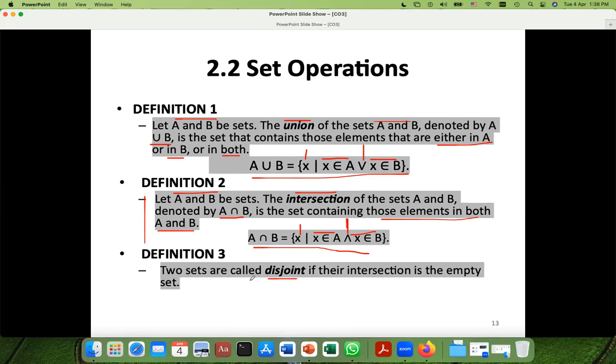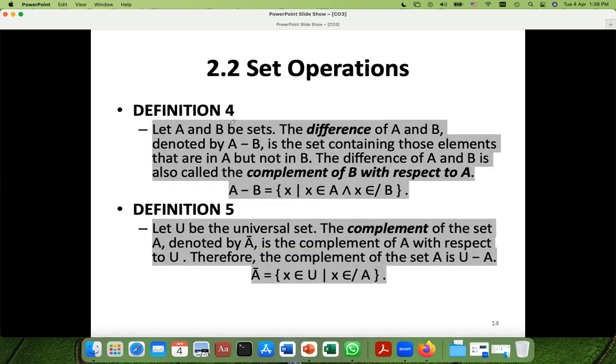So two sets are called disjoint if their intersection is empty. If you have two sets A and B, and if the intersection is empty, it means that both are different, separated sets. So if the intersection of two sets is empty, then those two sets are called disjoint sets.